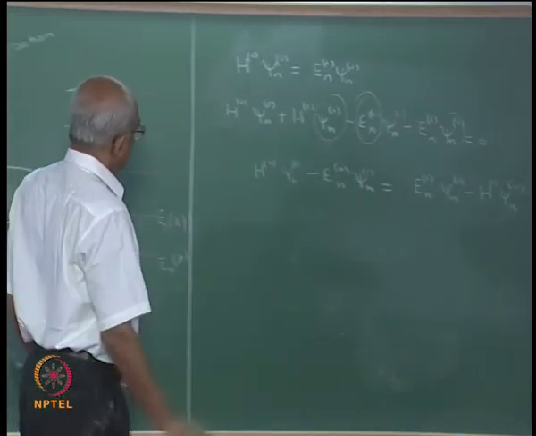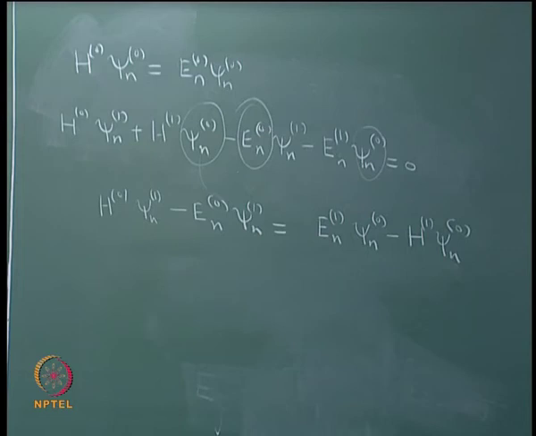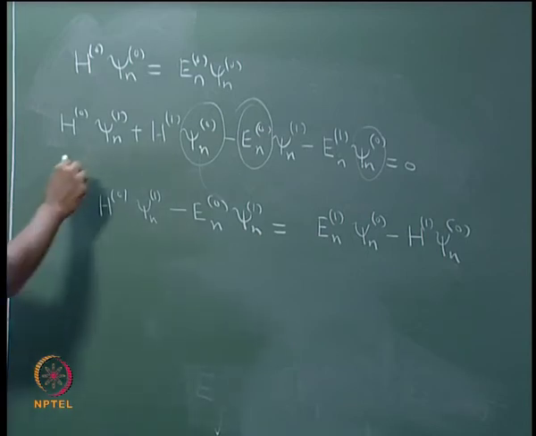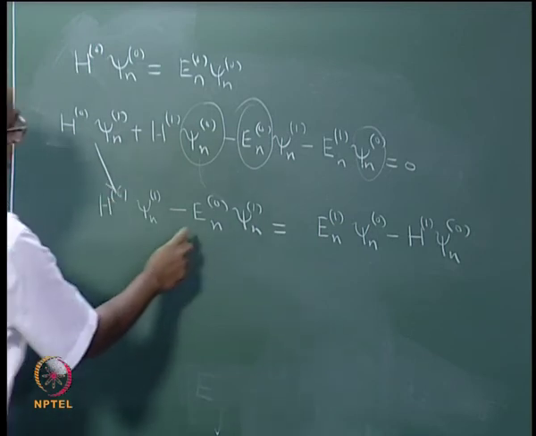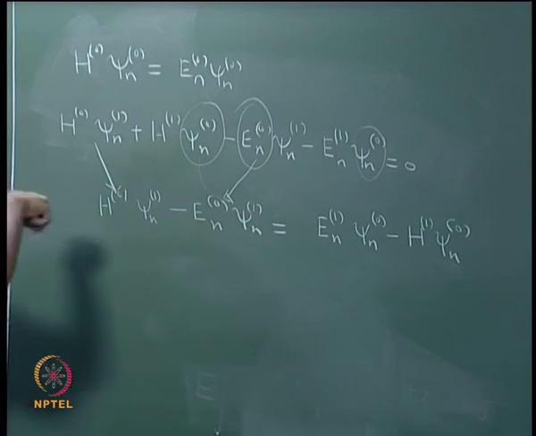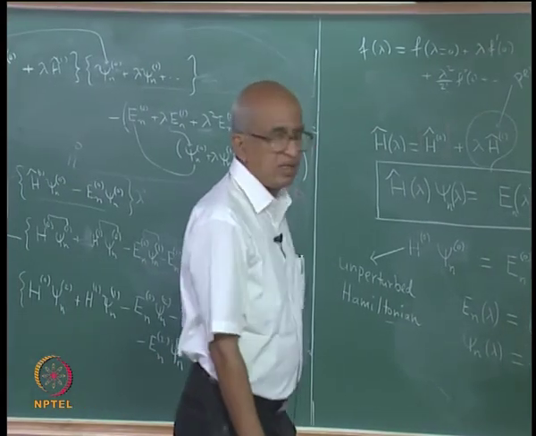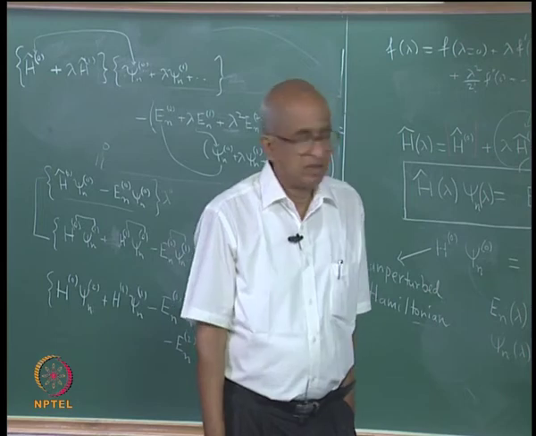Well, please check this. What have I done? I have retained this term as well as that term on the left hand side and removed the other terms and put them on the right hand side. Correct?